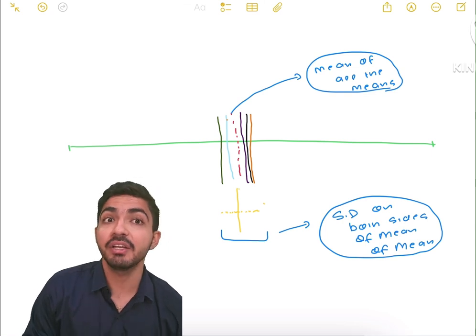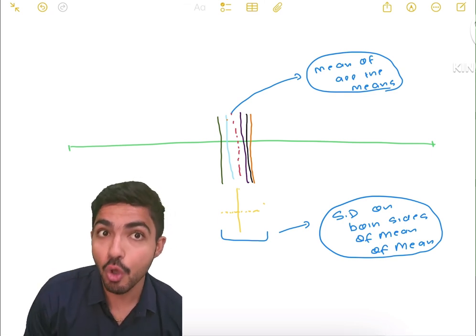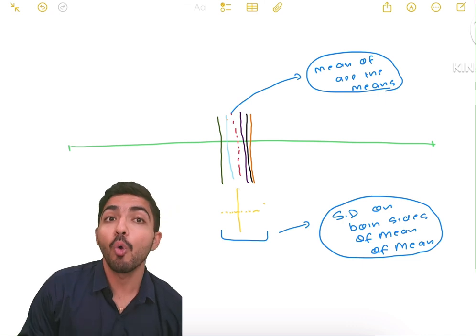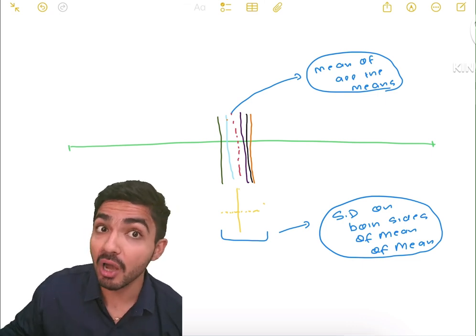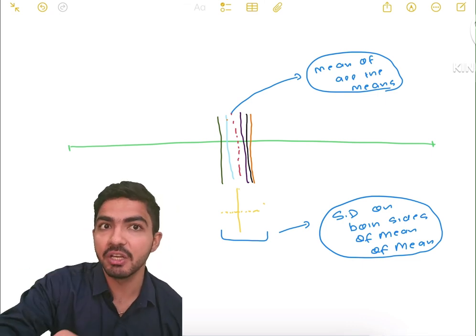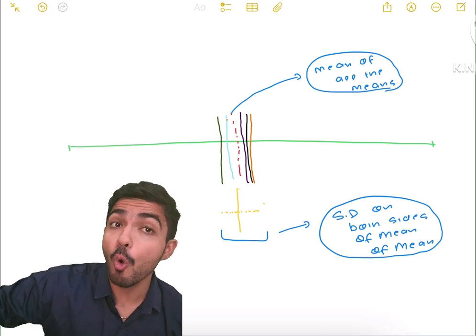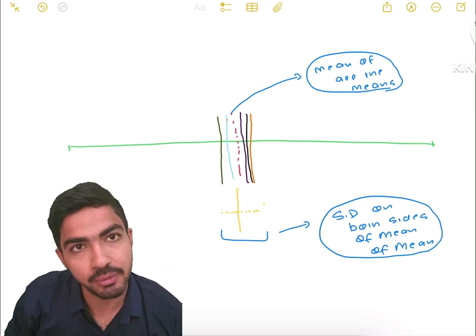So standard error is the standard deviation of mean of all the observations around the central mean, that is mean of all the means of the observations.